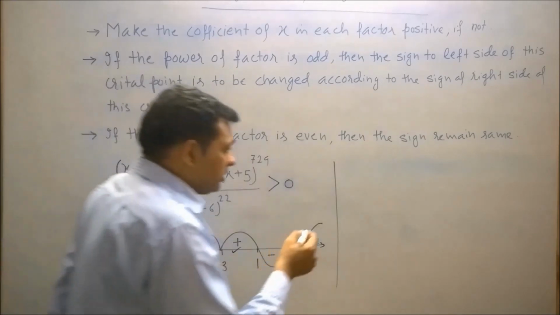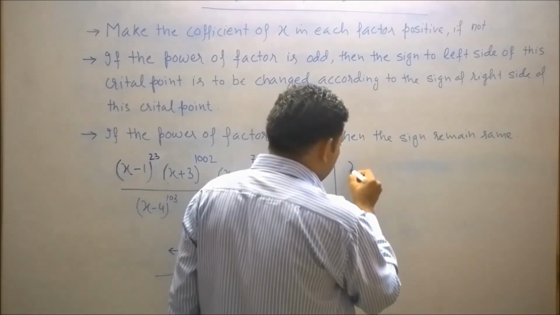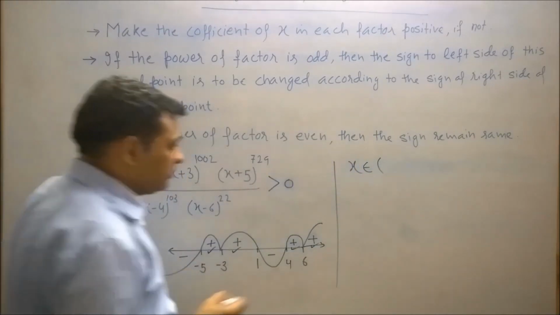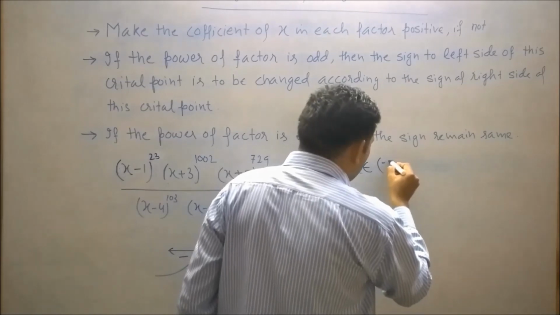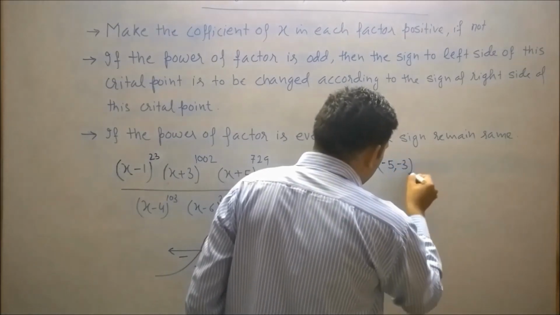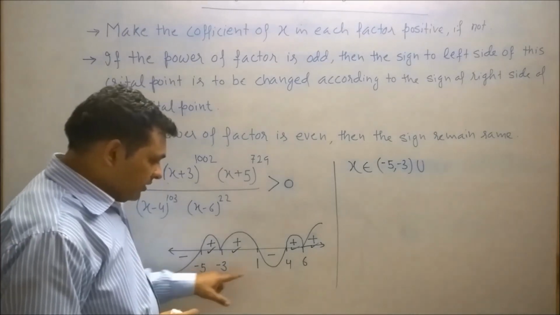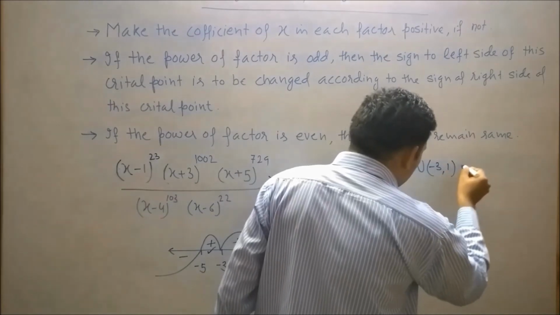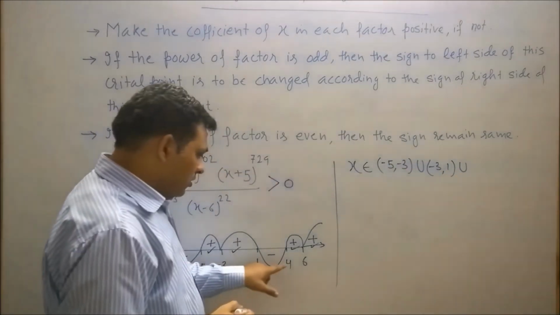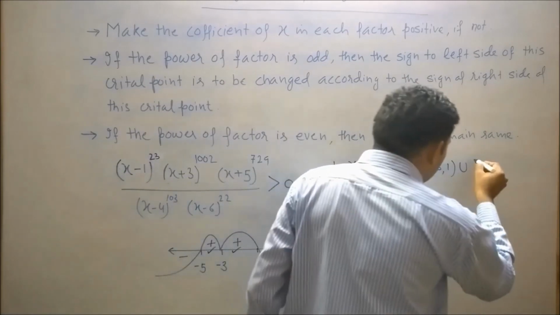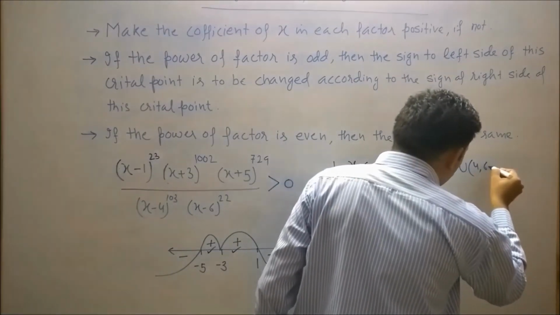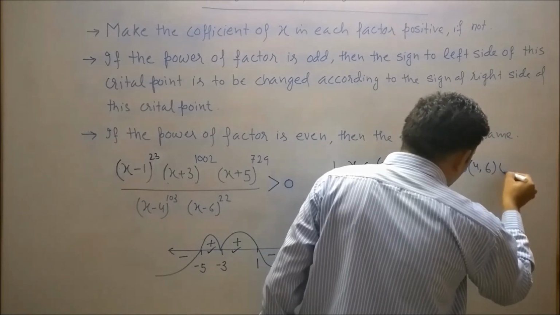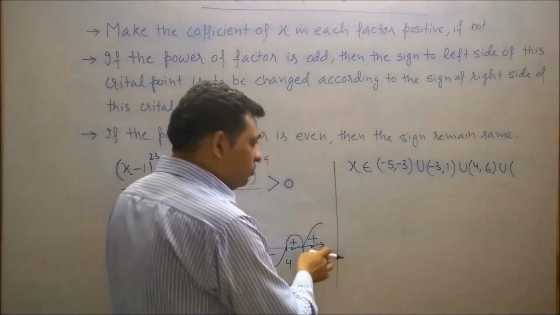So the solution set of this inequality will be x belongs to minus 5 to minus 3, union minus 3 to 1, union 4 to 6, union 6 to infinity.